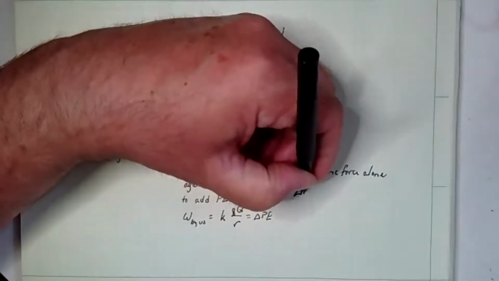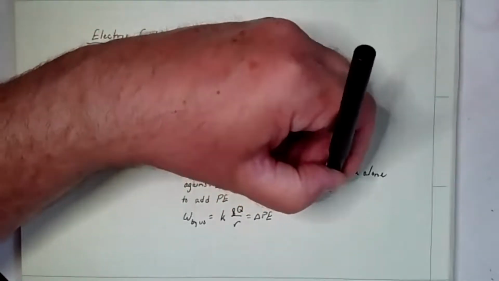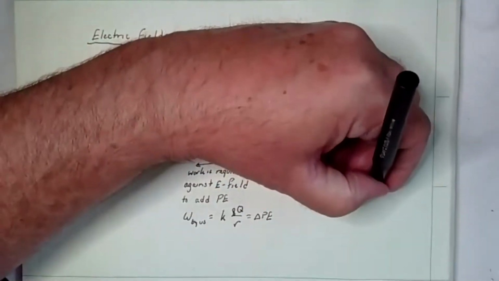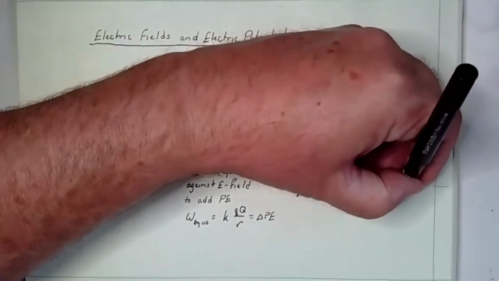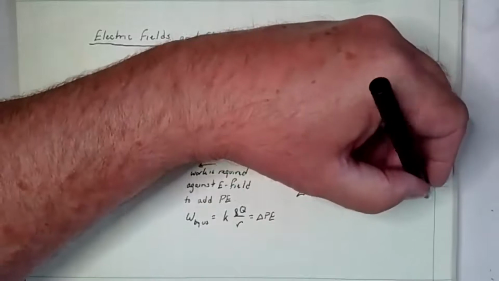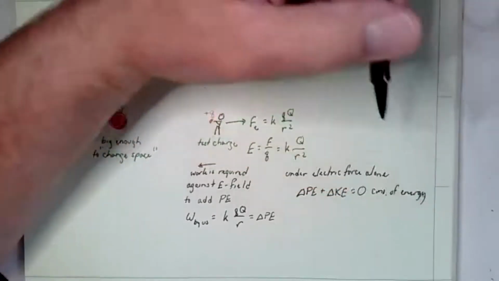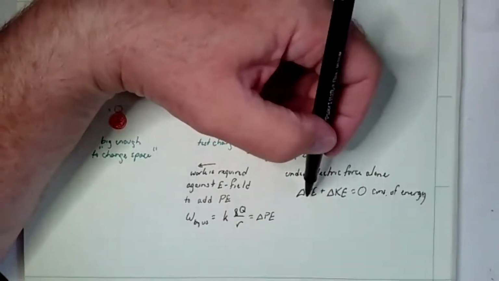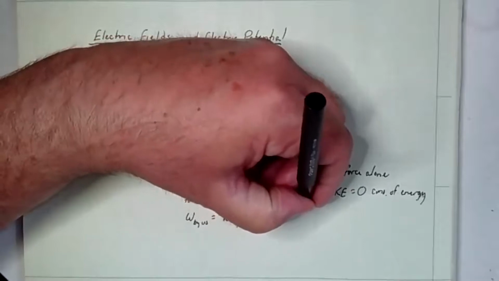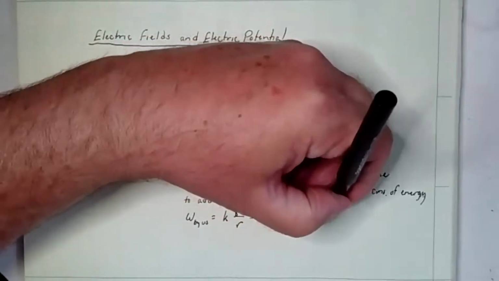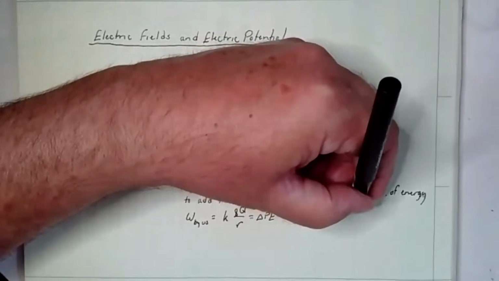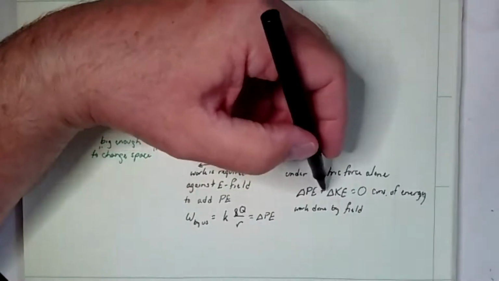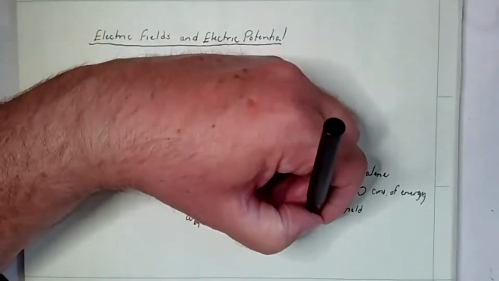So the change in potential energy plus the change in kinetic energy has to be equal to 0. That's conservation of energy, which is a cornerstone of chemistry, physics, and pretty much every other science. So the work done by the field is going to be equal to a loss in potential energy, which is equal to a gain in kinetic energy.